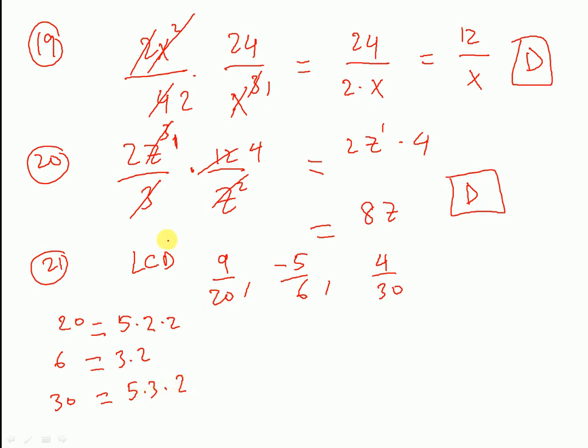For the least common denominator, we find the largest number of occurrences of each factor.